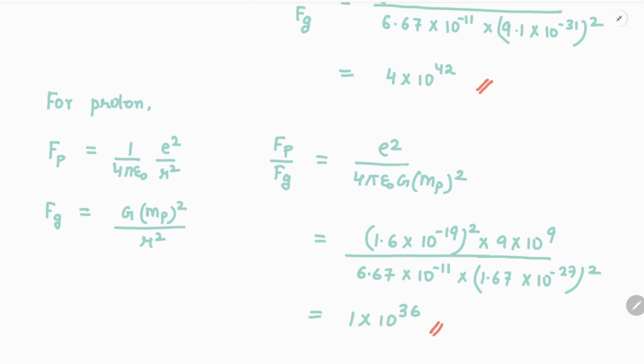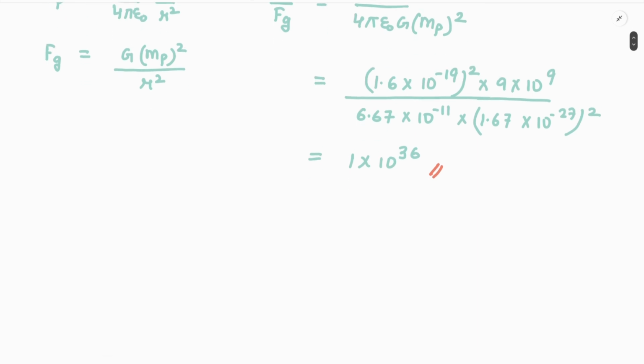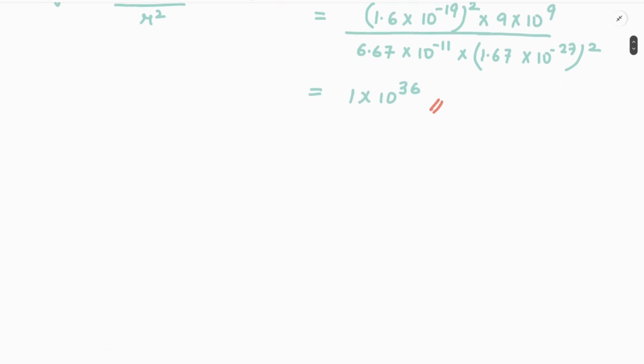And now the question is asking us, for a general particle, what should be the value of the charge mass ratio so that the two forces equate with each other. At what value of the specific charge q by m of a particle would these forces become equal? So this time we are taking a general particle.